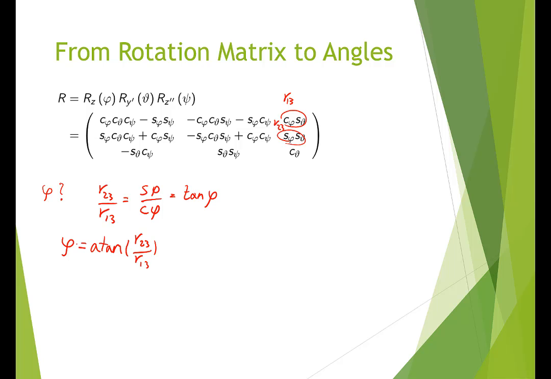Mostly in robotics, we use a function called arctan2. What does it mean? When you calculate the arctangent of a function, it could give you two different angles for certain specific values. For instance, look at this graph.